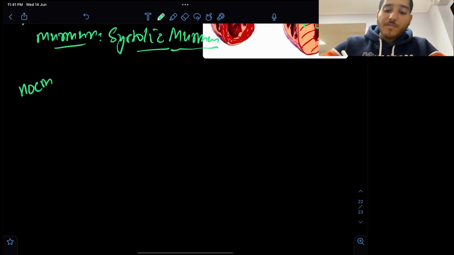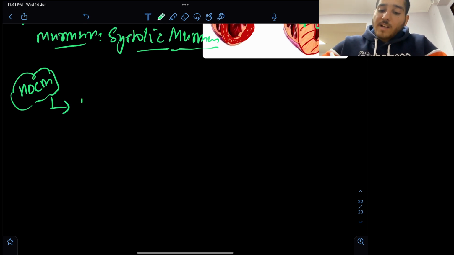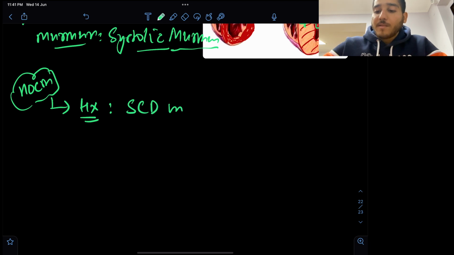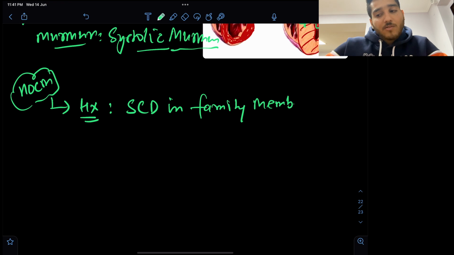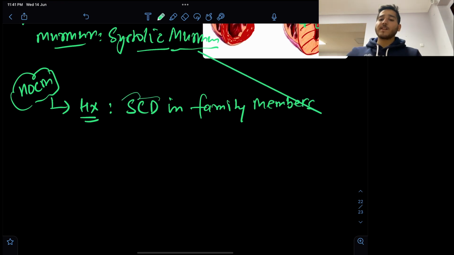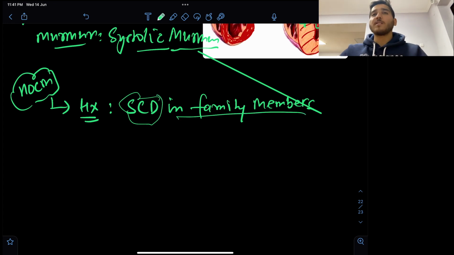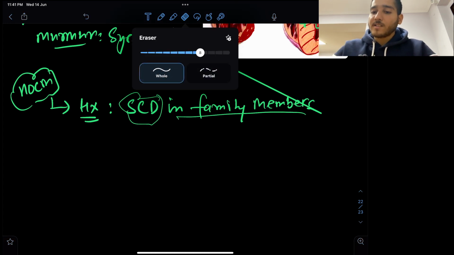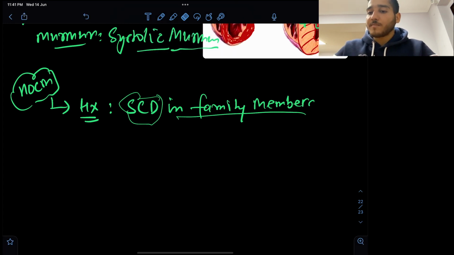Okay, so patients of hypertrophic obstructive cardiomyopathy will start by giving history of some sudden cardiac death in family members. Because this is an inherited condition, there will be some history of sudden cardiac death in family members. So you can get to know that there is some inheritance in this condition.